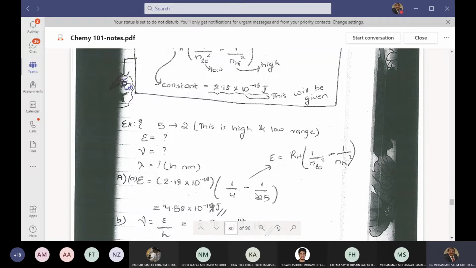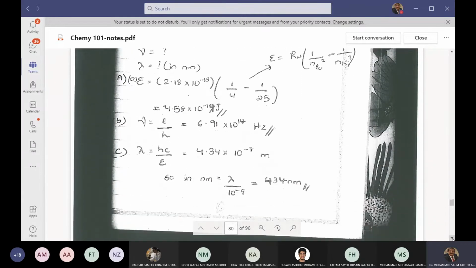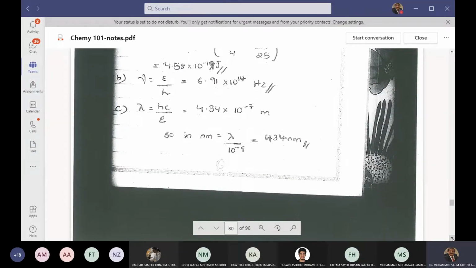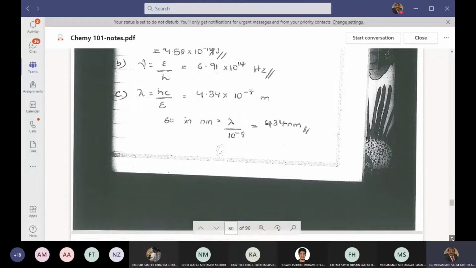I know 1 over 4, 1 over 25 because it's square. I got the energy. Once I got the energy, the remaining parameters you can calculate.